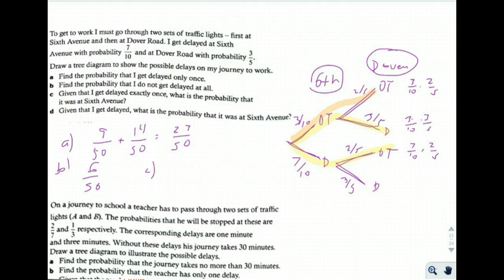C, given that I get delayed exactly once, what is the probability it was at 6th Avenue? Okay, so I already know that I was delayed exactly once. So let's say that that is the probability of A, so that's 23 out of 50. We're going to put that in the denominator. In the numerator, we're going to put the probability that I was delayed exactly once, and it was at 6th Avenue.